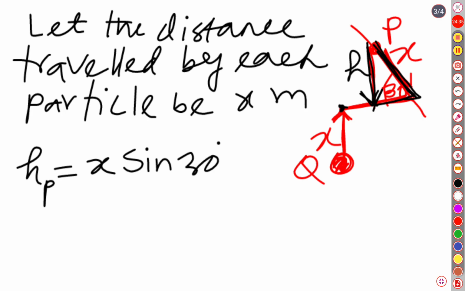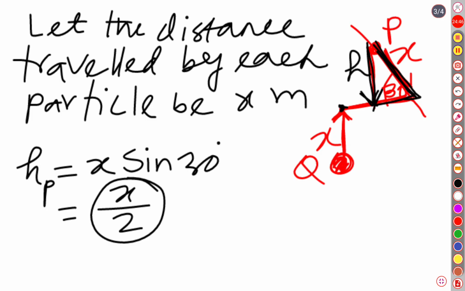Well, x sin 30 means x over 2, and we know that this is the displacement covered by P, and Q has covered x. Distance and displacement in case of Q are the same because it is going vertically upward, but for P it was different.